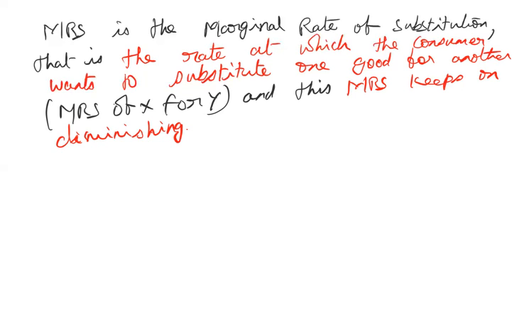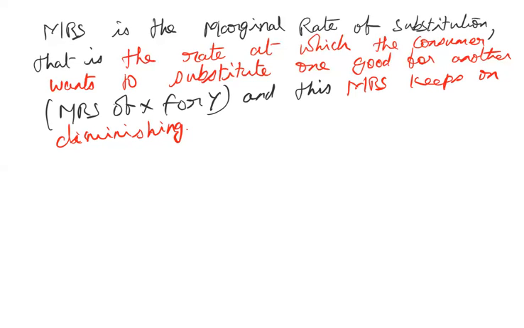So this is normal human psychology. If you have more of one commodity, your satisfaction is less. But if you start having lesser and lesser of that particular commodity, then automatically you will want to have more of that particular commodity. So since Dolly feels that for every additional Barbie doll, she has to give up a certain amount of comic books.